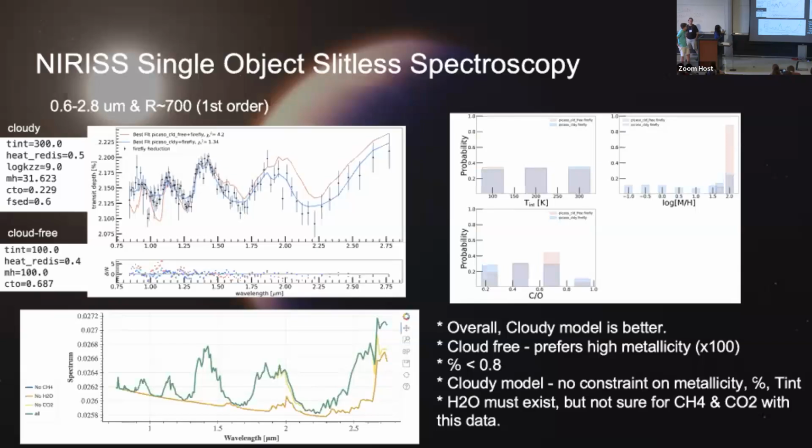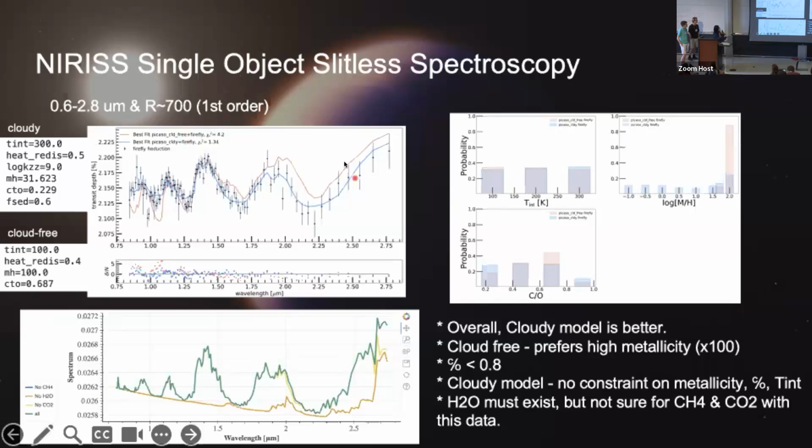Okay, for NIRSpec SOSS data, as you can see here, the cloudy model with the blue line looks better. Also, it gives the smaller chi-square value.